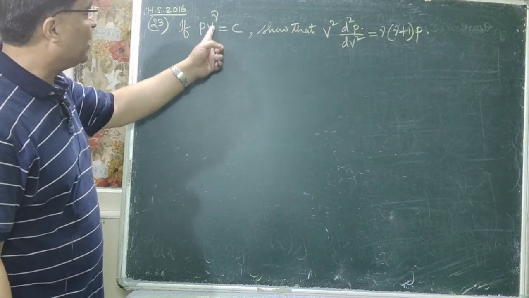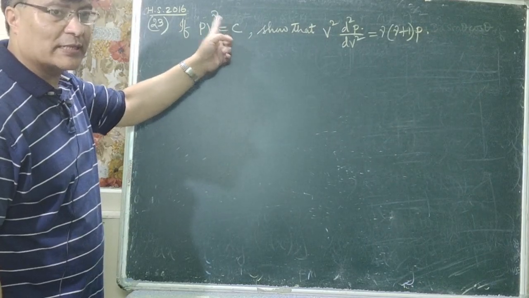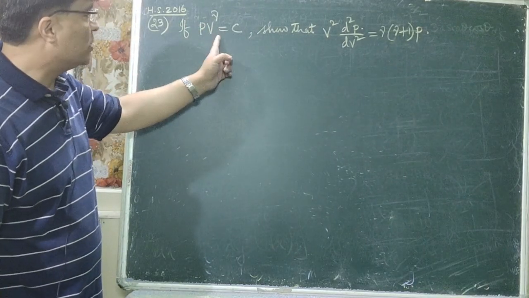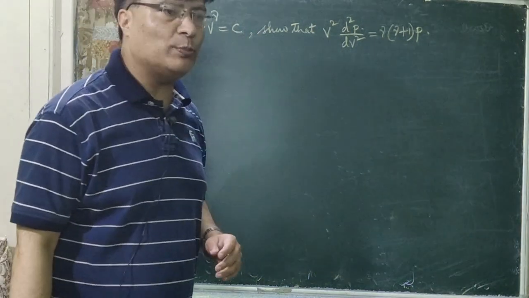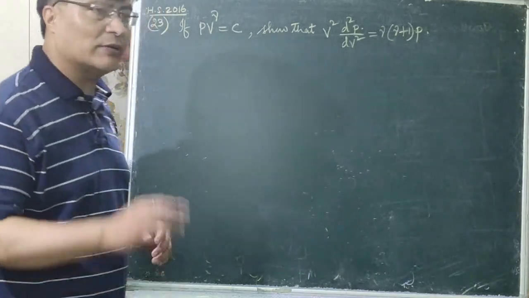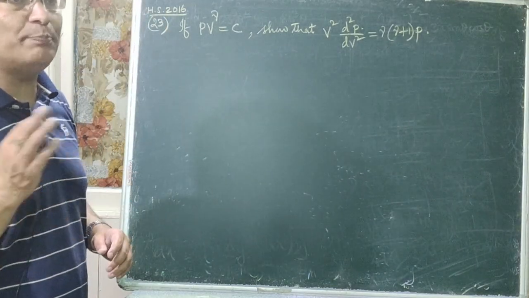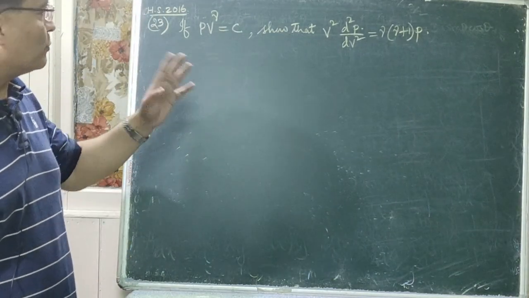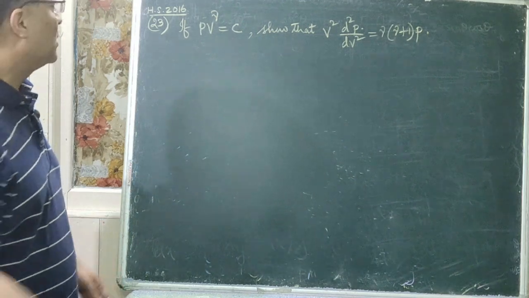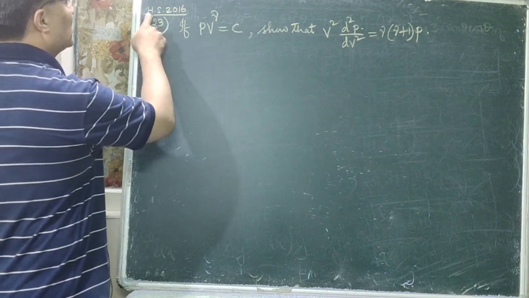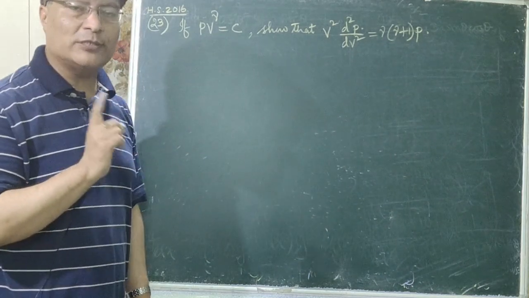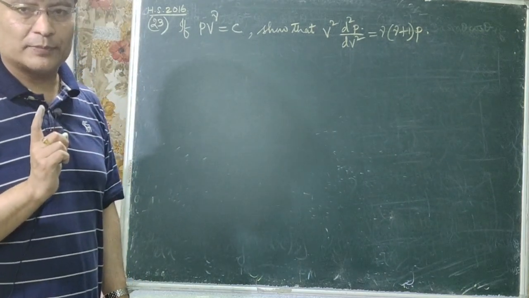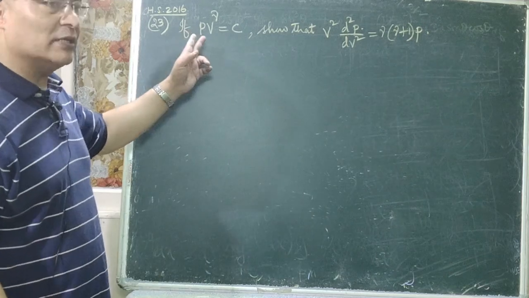If PV to the power gamma, this is known as gamma, Greek letter, is equal to C, then V square into d2P by dV square is equal to gamma into gamma plus 1 into P. So you have to prove this result. This question is from HS 2016. Understood? So what is given here?